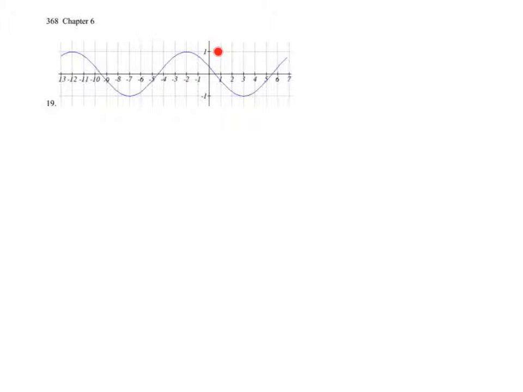And I see instead of starting on the y-axis, it's starting shifted left too. So what I would write is, let's see, the amplitude's 1, so we don't need a number there. Cosine of, leave a space for the B number, so x plus 2, and it's not shifted up or down.